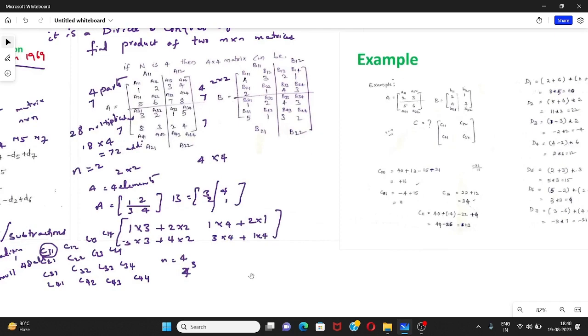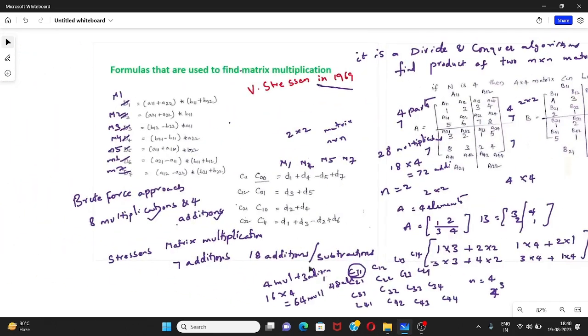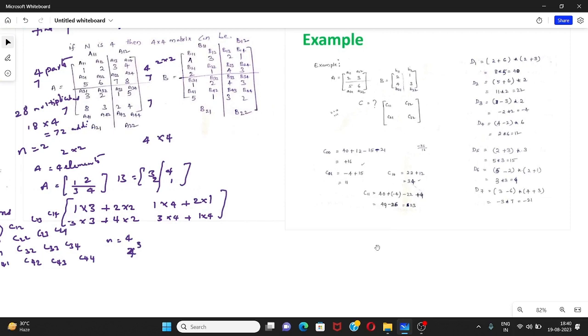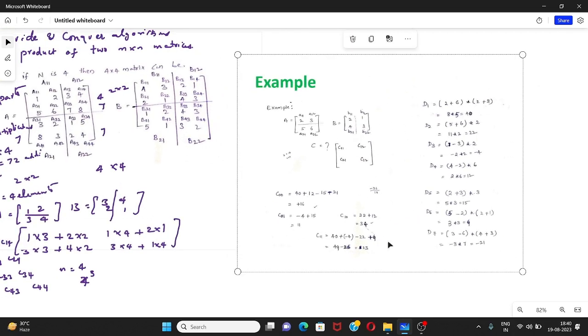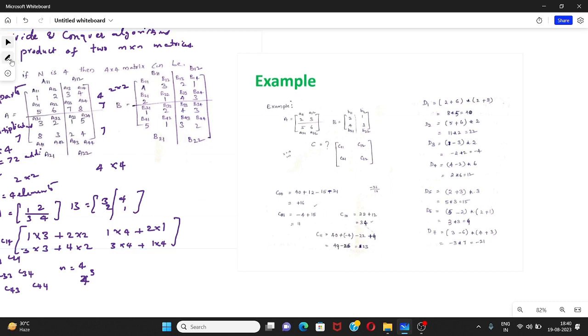For simply understanding this concept, these are the formulas we have, like A11 plus A22 multiplied with B11 plus B22. In the given problem, this is your 2 by 2 matrix, and each and every row and column element is represented with A11, A12, A21, A22, and B11, B12, B21, and B22.